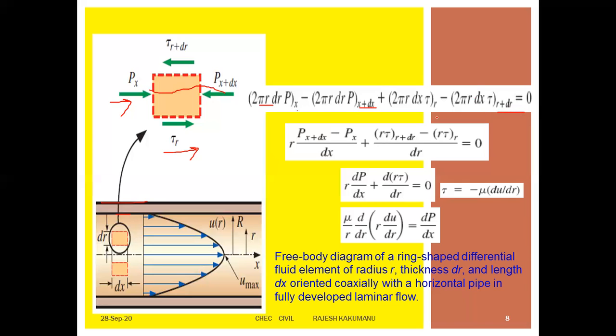That is equal to 0. After getting similar values, taking one side, we are cancelling 2 pi r in all the cases.